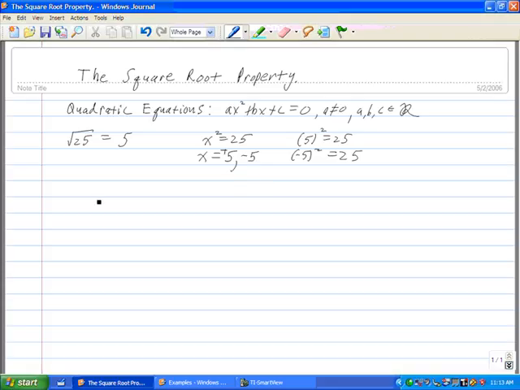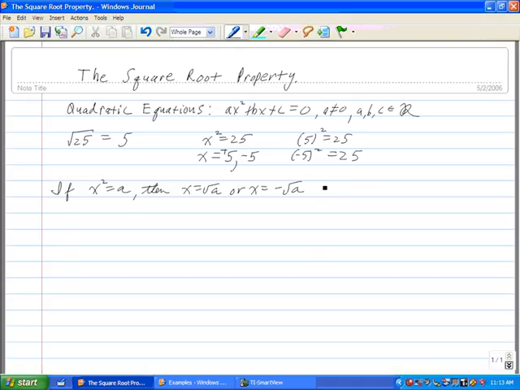Now the square root property actually says that if x squared is equal to a, then x is equal to the square root of a, or x is equal to the opposite of the square root of a.